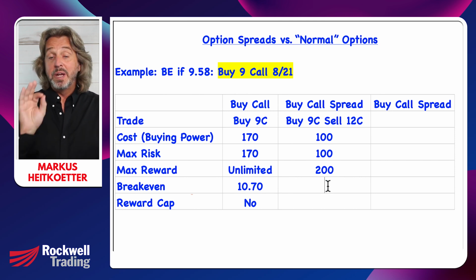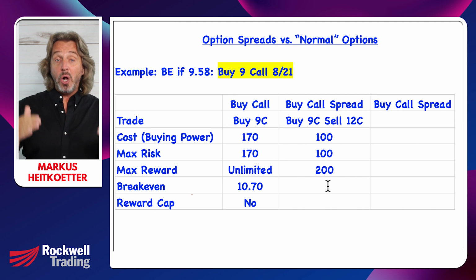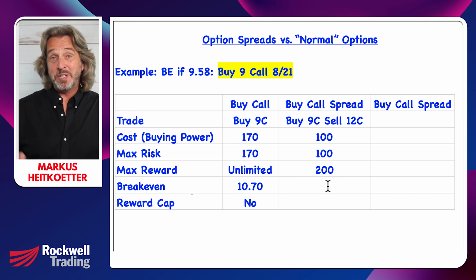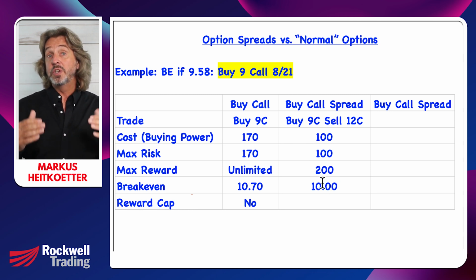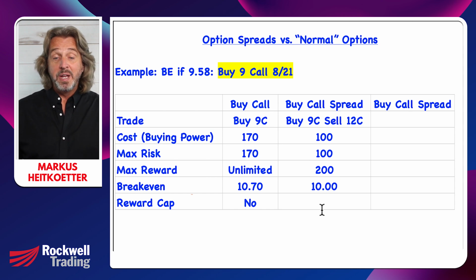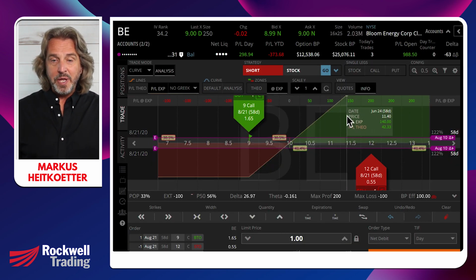Not bad at all. Your break even is also lower because we said, what is your break even? Your break even is the strike price plus whatever you're paying for this call. So here, your break even is at $10. So you make money quicker. Now, is there a reward cap? Yes. And this is exactly when the stock moves up to this strike price here.